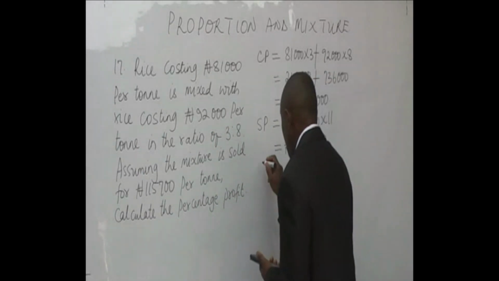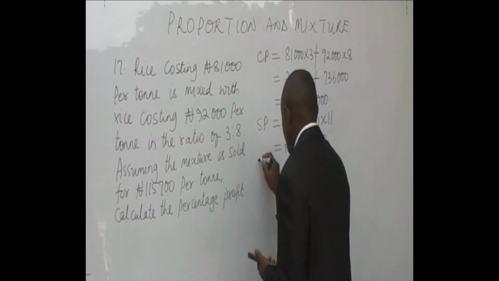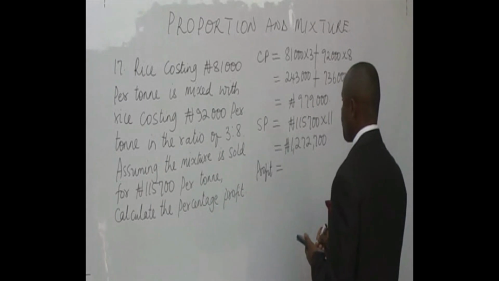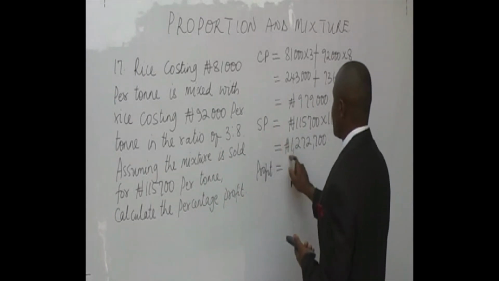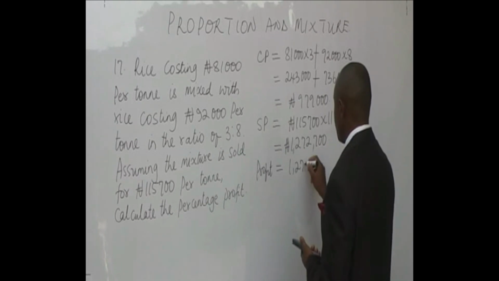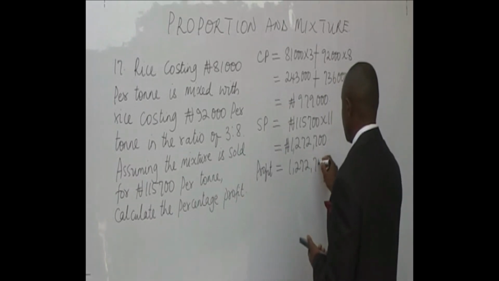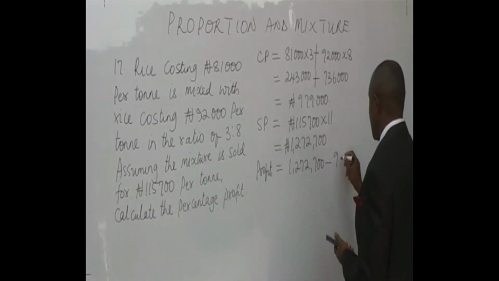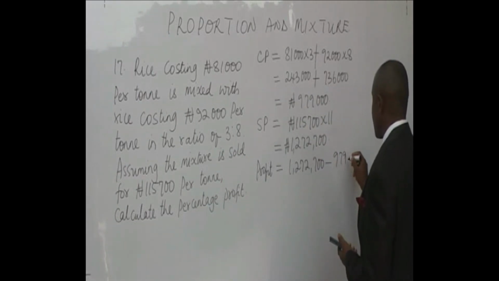Now our gain before percentage profit. Our profit now. Profit means the same thing as gain. Our profit is our selling price minus our cost price. 1,272,700 minus the cost price 979,000.